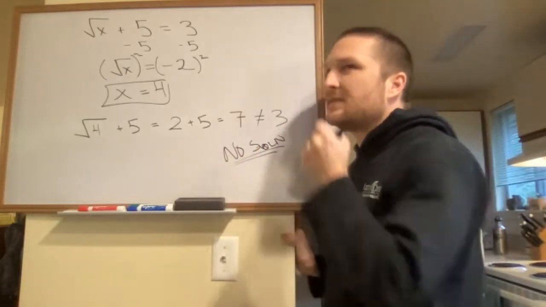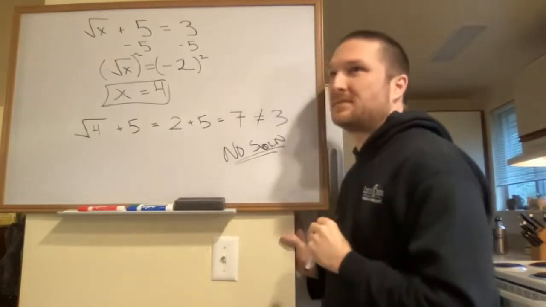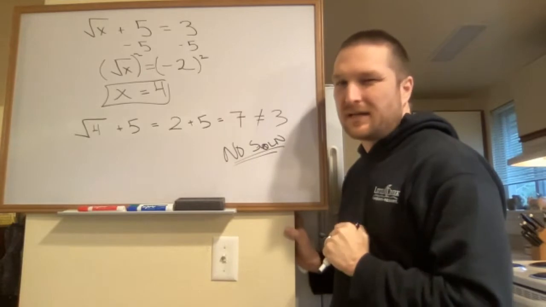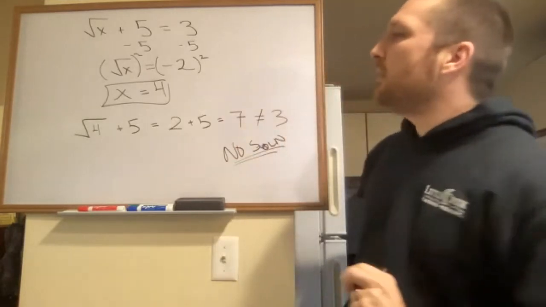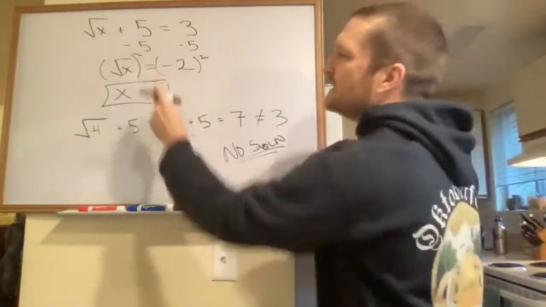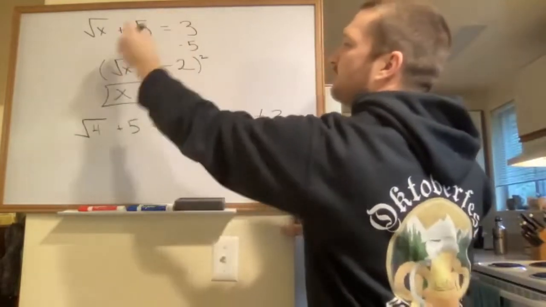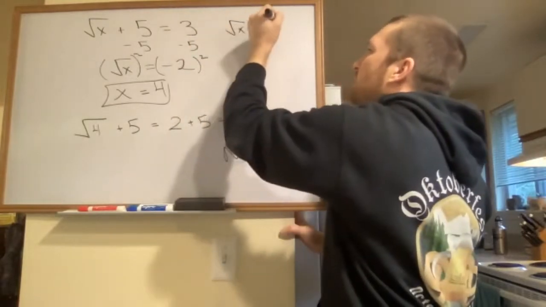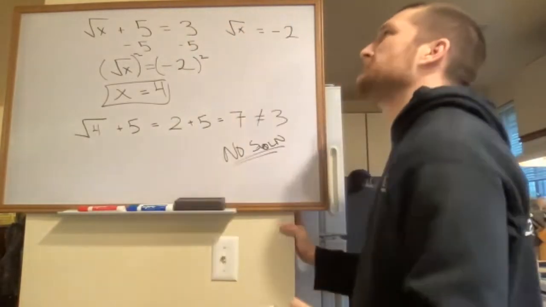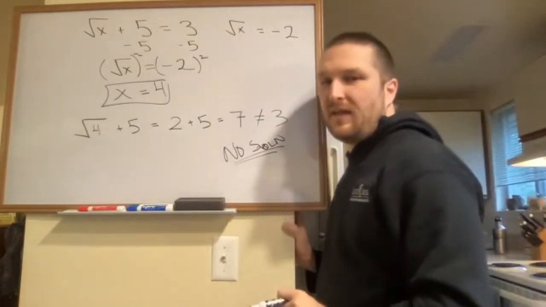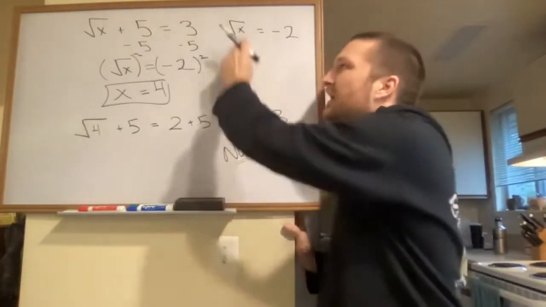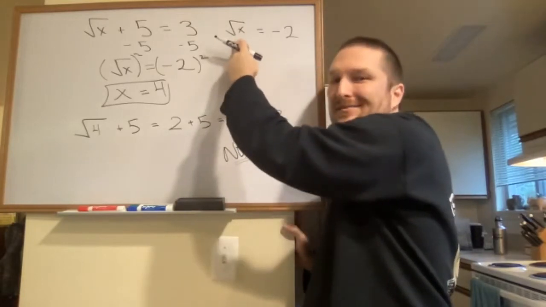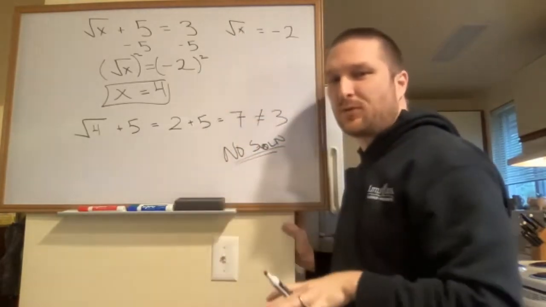In fact, I think every time you run into something like this with this problem set, there will indeed be no solution. Sometimes it's because, well, we're not going to get into that. But if we go back to this before we squared both sides, we had the square root of a number is equal to a negative number. No, it's not. That's not the case because we've defined the square root to be a positive number always, right? That's how we define principal square root.